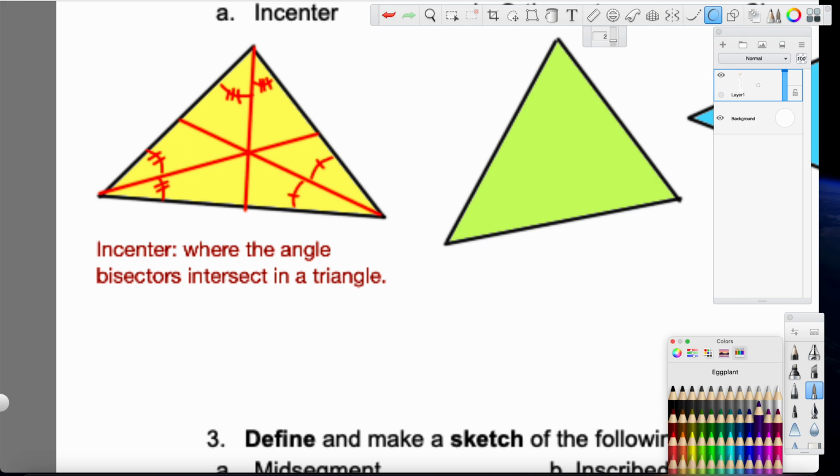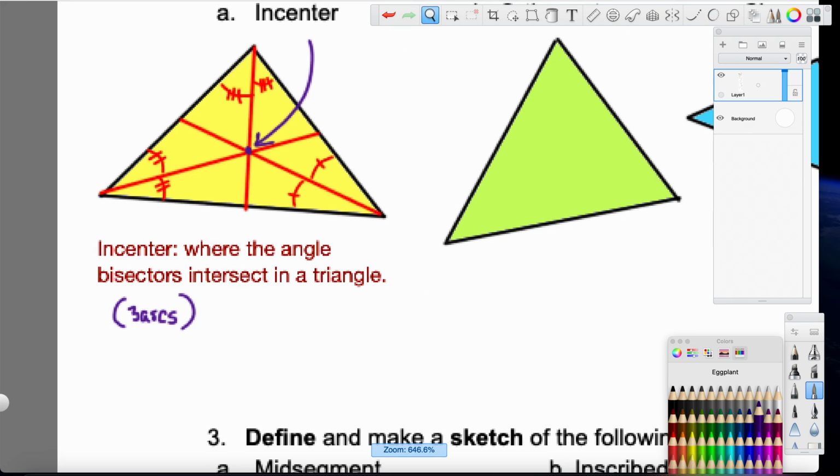Okay, and this right here is the incenter. And so, you know, this requires three arcs when we construct. 3 arcs for our construction. When we do this, the first one goes across one of the angles, and then from those intersections we do 2 more. I'll show you that in a little bit.